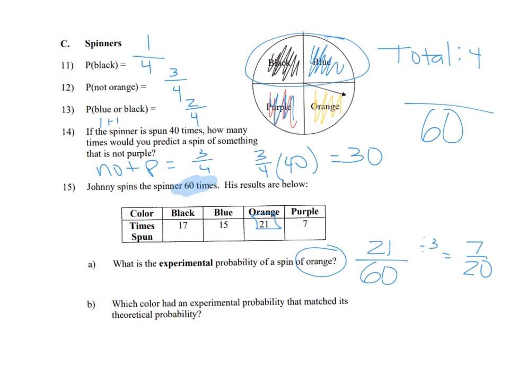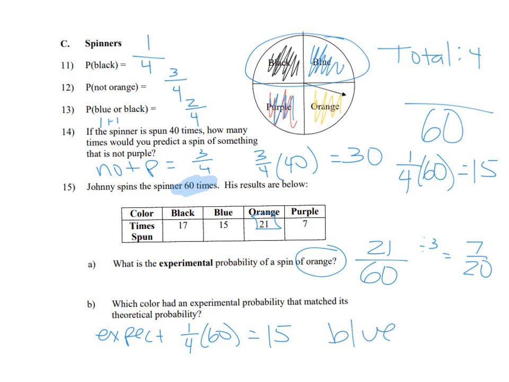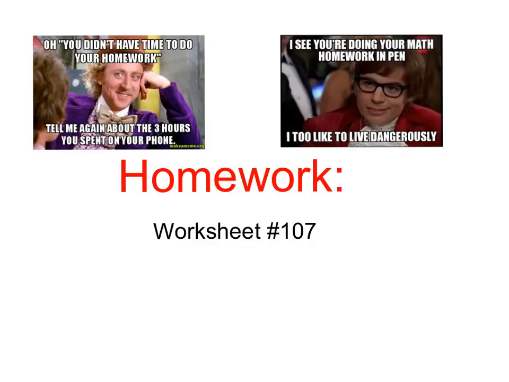So it would be 1/4 times 60 equals 15. So what we expect is 1/4 times the total number. So which one did we actually spin 15 times? Blue. Right? And that is it.